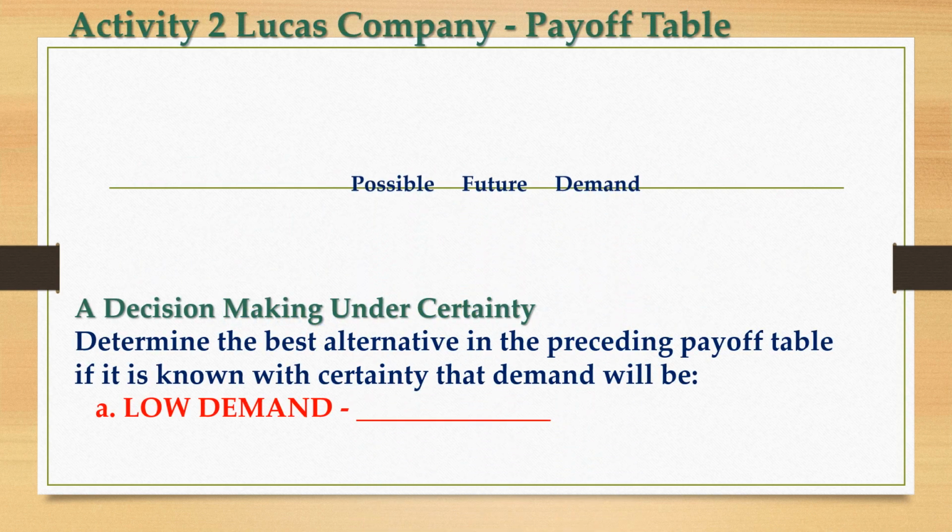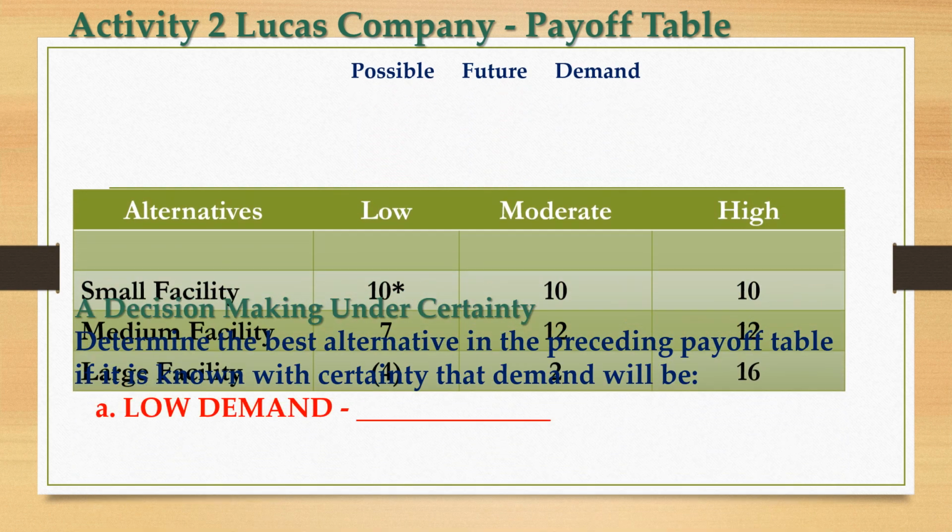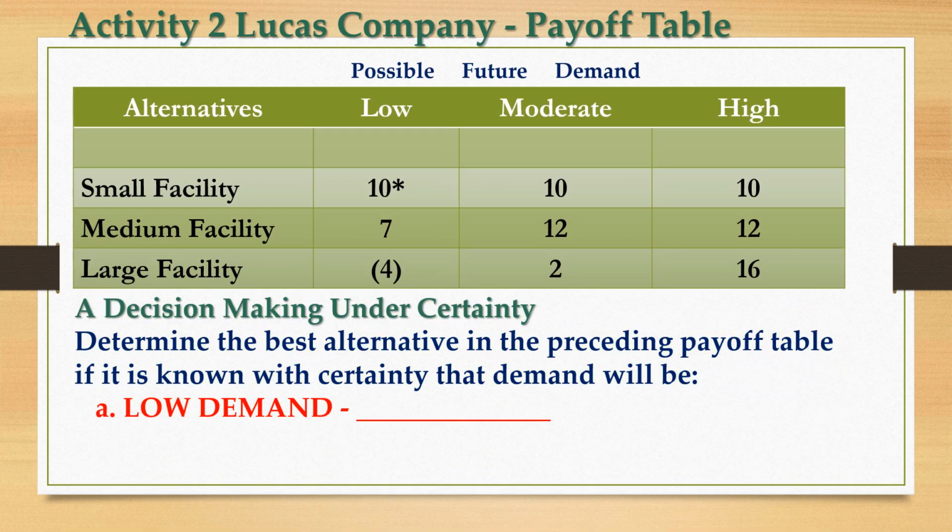Let us start with letter A, which is determining the best alternative in case demand will be low. Again, we are making a decision under an environment of certainty. That is requirement A. So under an environment of certainty, we know what will happen in the future.